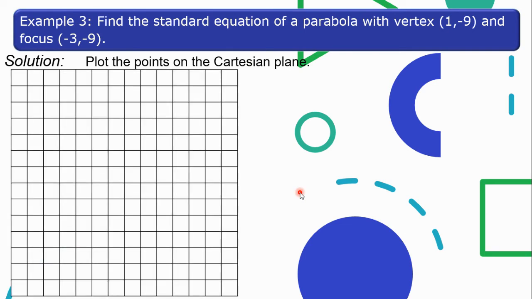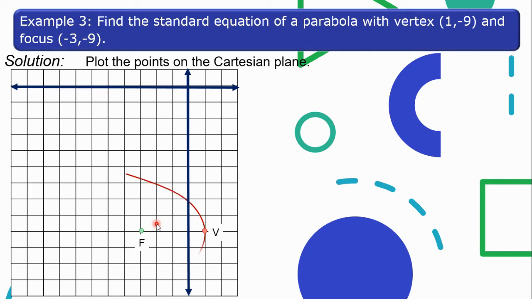Okay, first is plot the points on the Cartesian plane. We have our vertex at 1, negative 9, as you can see in here, and our focus is negative 3, negative 9.